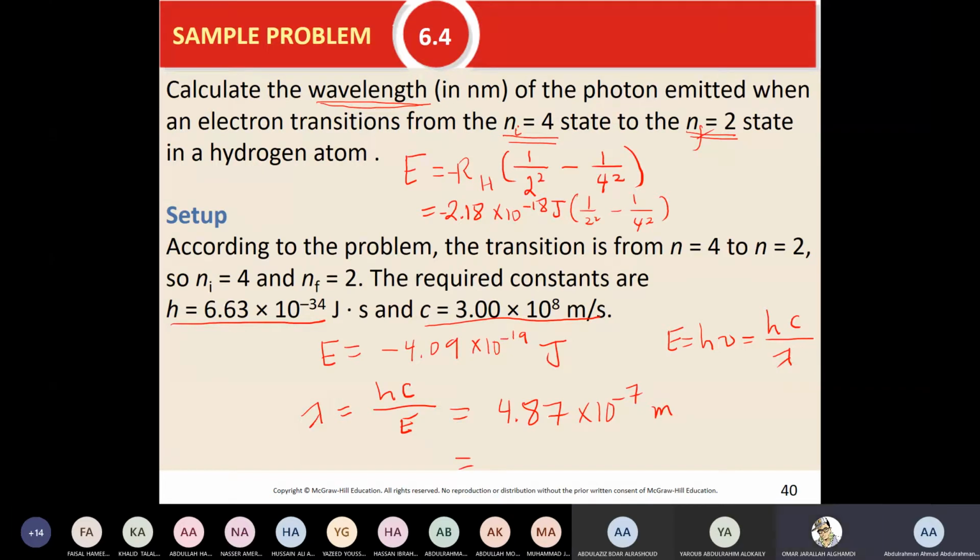Okay. What's the required measurement that we should have? Nanometer. Change it to nanometer. So it will be 10 to the power minus 16 meter. No. Sorry, to the power 2. Yes, or 487 nanometer. Excellent. 487 nanometer.